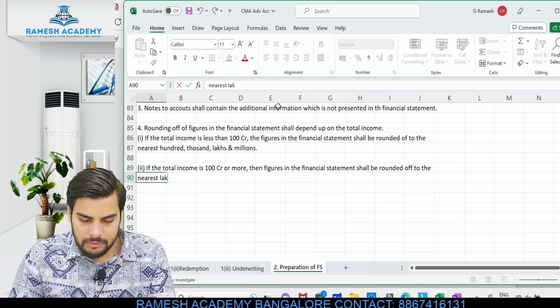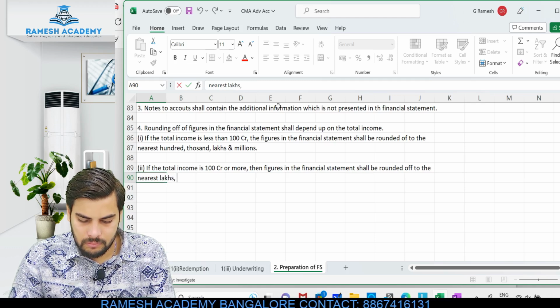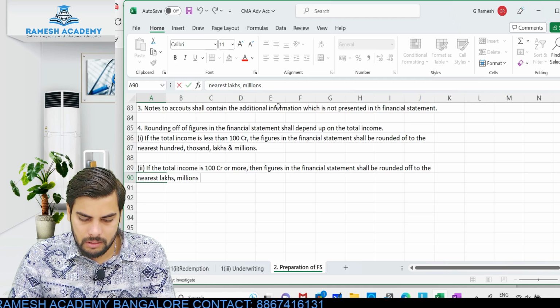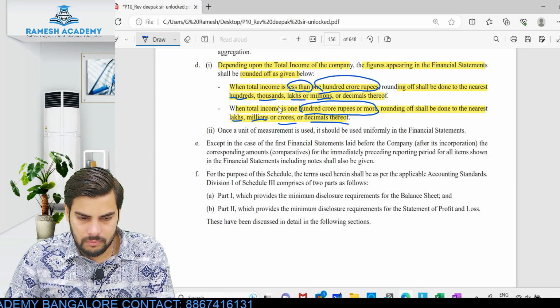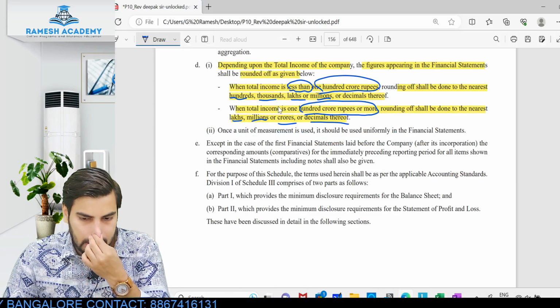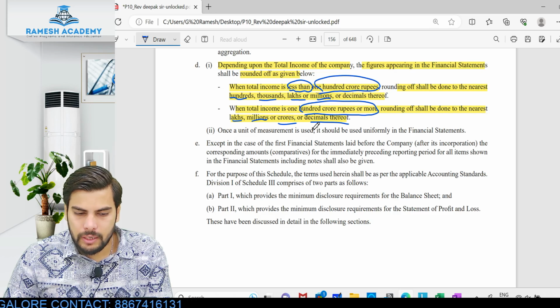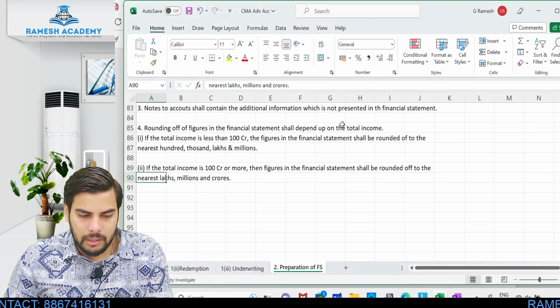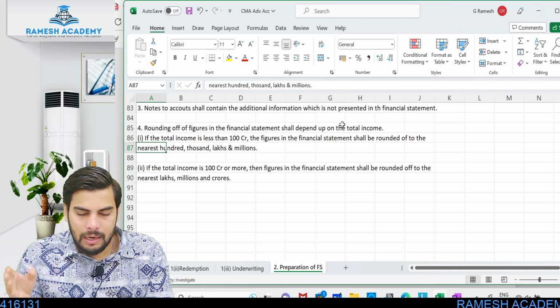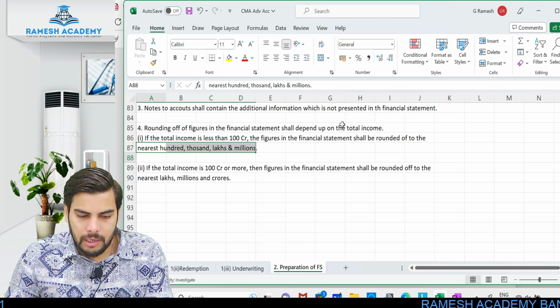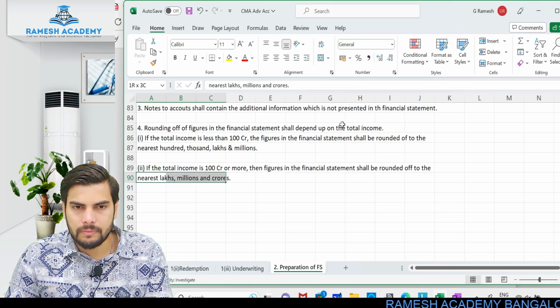Nearest lakh, millions and crores. So look at this. The rounding off shall be done to the nearest lakh, millions or crores, or decimal thereof. But here it would begin from 100,000, lakhs and millions, it stopped till the million. Over here, it is going till crores.